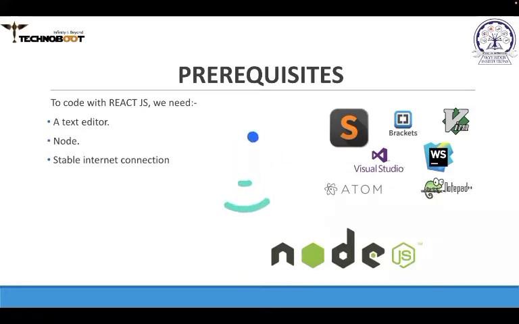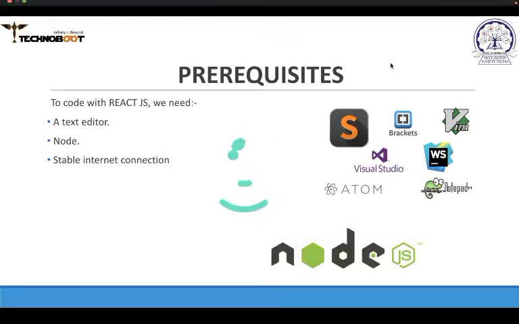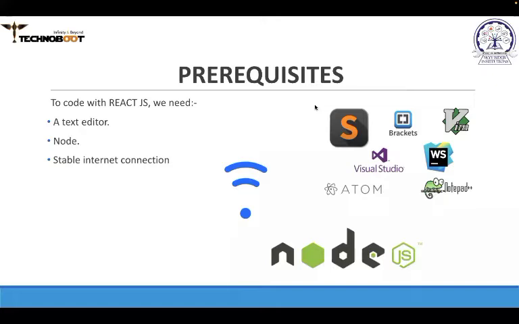Now, the prerequisites. What are basically the prerequisites? Prerequisites is basically what we need to start developing with React.js, right? So first of all, obviously we need a text editor.